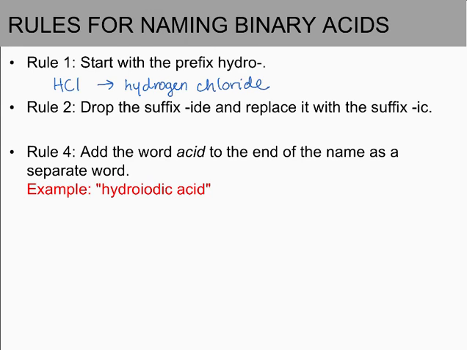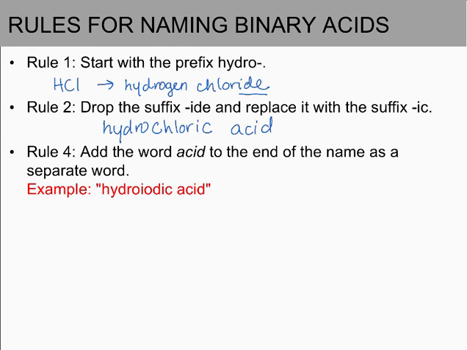Because it's a covalent molecule. But when we're naming it as an acid, we're going to start with hydro and then the base name of chlorine, and then we're going to drop that -ide and replace it with -ic, and then we're going to add the word acid to the end. So that's where we get the name hydrochloric acid.